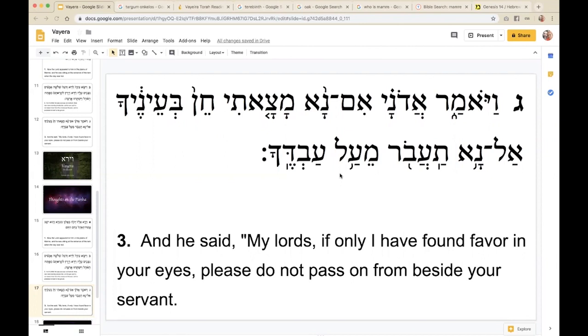And the pashat, or the simplest meaning, which I believe is correct, is that Abraham was addressing the three men here together, and then when he started pleading or asking for them to stay, he was addressing the leader, the main guy, maybe the oldest or something like that. Whoever was apparently the one who had the highest authority of the three. Okay, so that is the most rational, I believe, explanation.